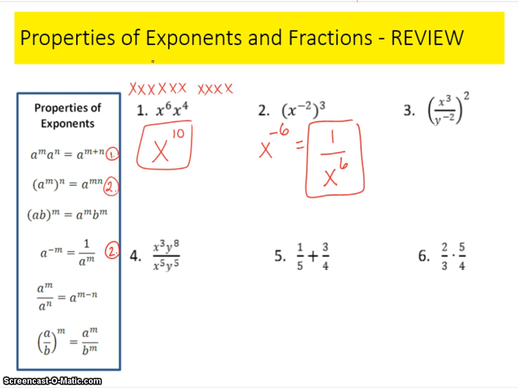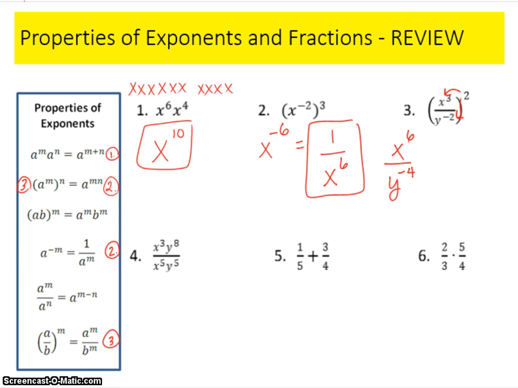Number 3, we're going to go ahead and use those same rules again, where we're going to use power to a power. We're also going to use this last rule where essentially if there's an exponent on the outside, you can put it to everything on the inside. So we're going to square everything in there and we get x to the 6th over y to the negative 4.